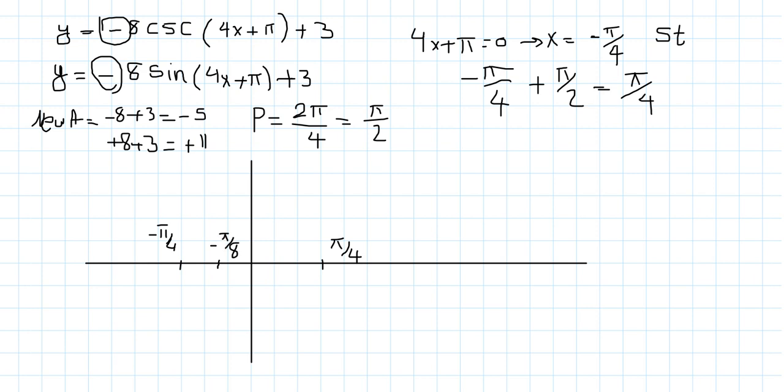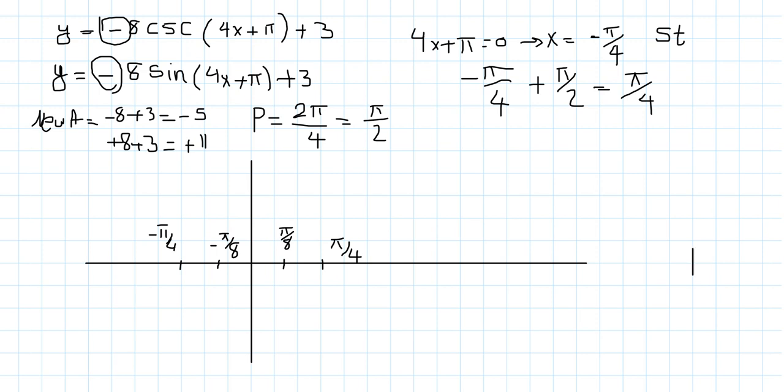Why? Because we say minus pi over 4 plus 0 divided by 2, and pi over 4 plus 0 divided by 2, it is pi over 8. On minus pi over 4 I have the first point.